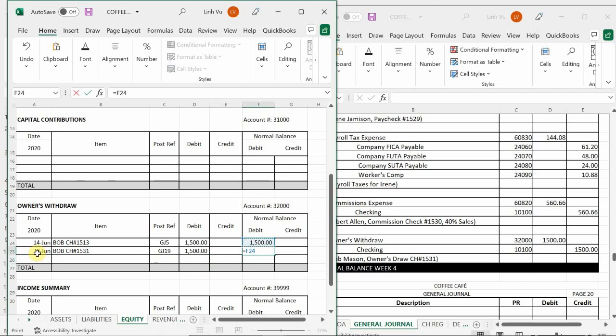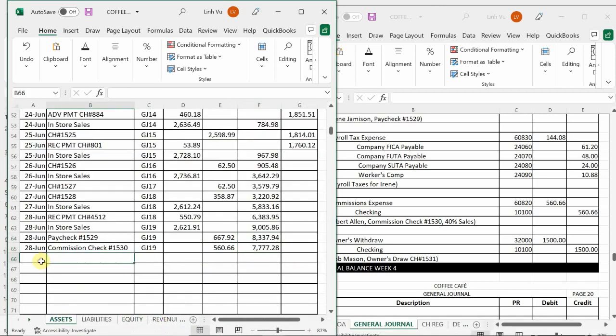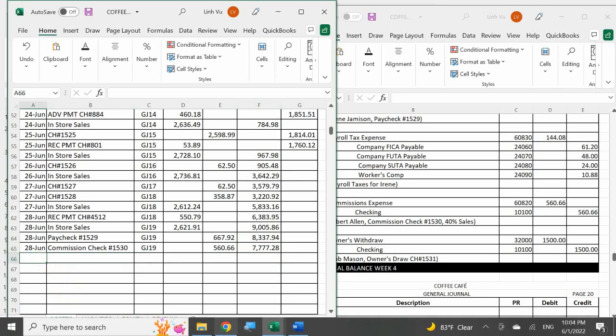So in grand total, he's withdrawn $3,000 from his company. Okay? And of course, that comes out from the business checking account.